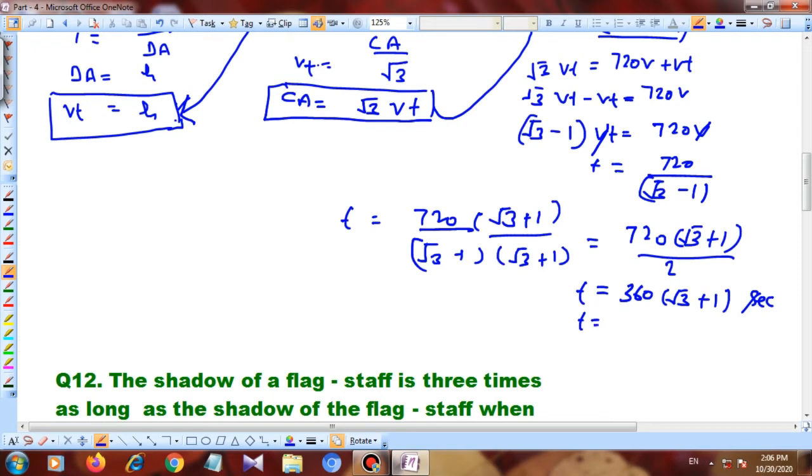Then you will get 360 by 60 into root 3 plus 1. So you will get 6 bracket root 3 plus 1 minutes. That's your answer.